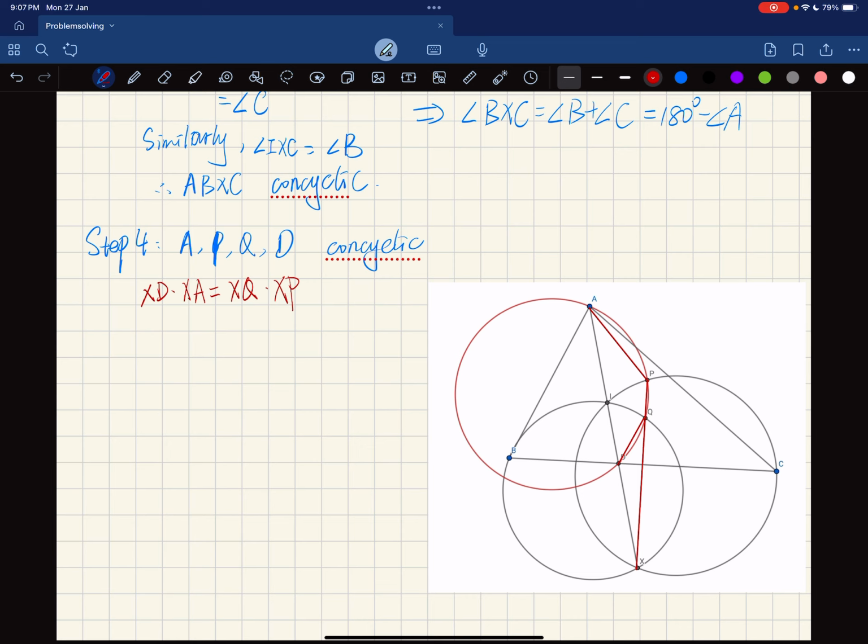Okay, first, you have to notice that for XP times XQ, let me use the purple color, IP times IQ.